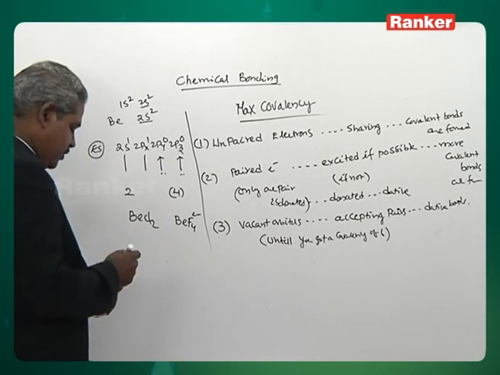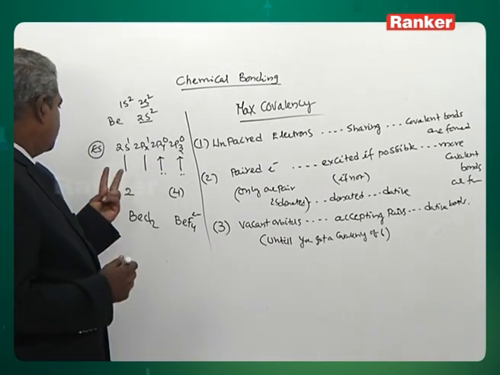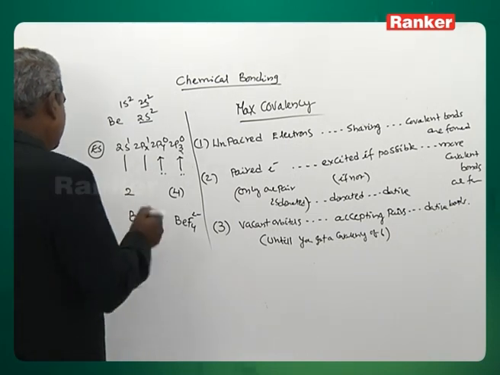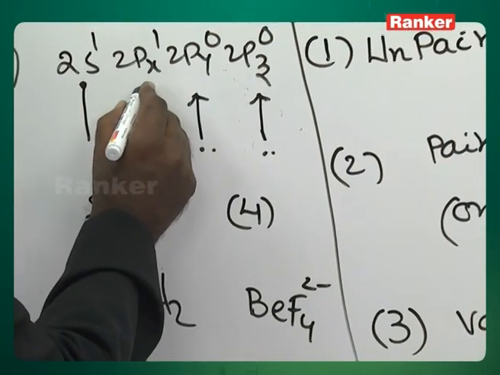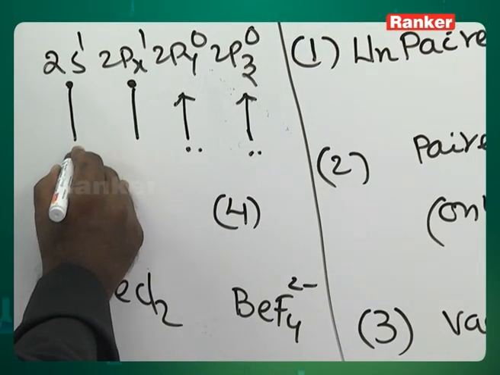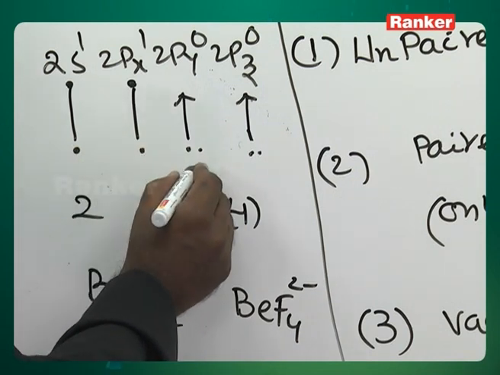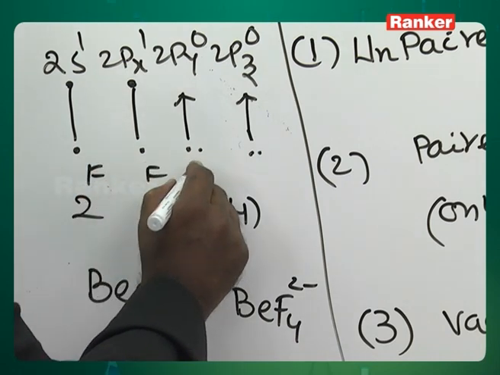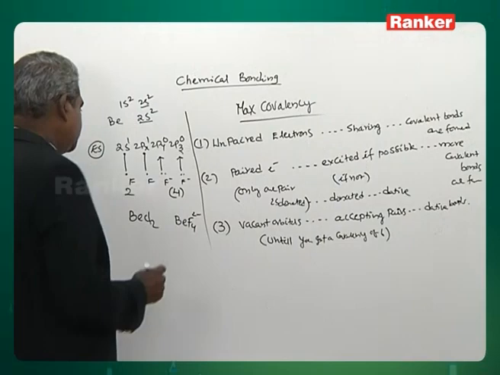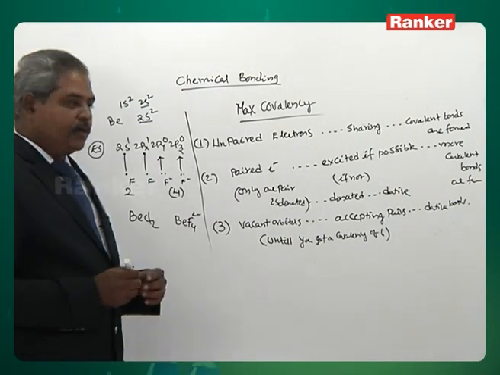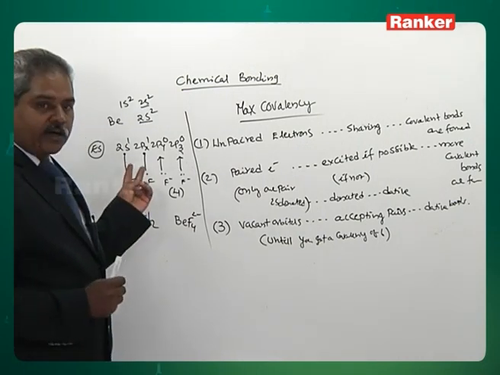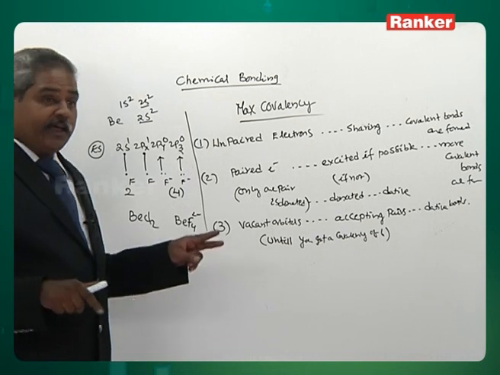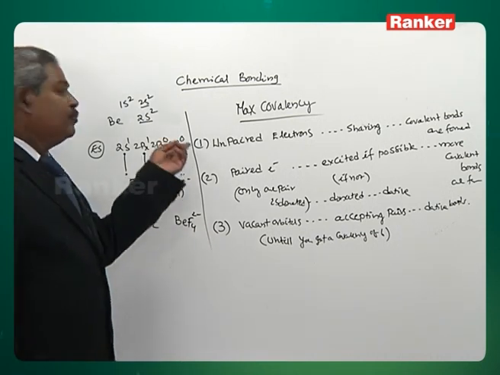Beryllium originally has 2 electrons; by sharing 2 electrons it has 4, and it accepts 2 pairs. This is the electron of beryllium, this is the electron of fluorine, and these are the pairs of F minus. Who is in contact with beryllium? 2 fluorines sharing 2 electrons, and 2 F minus donating 2 pairs.